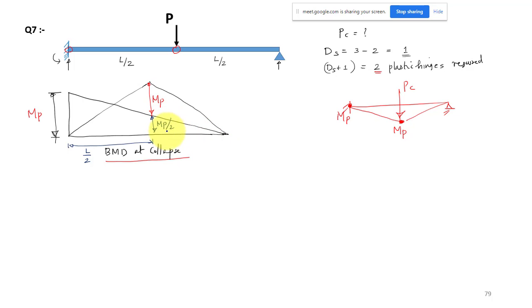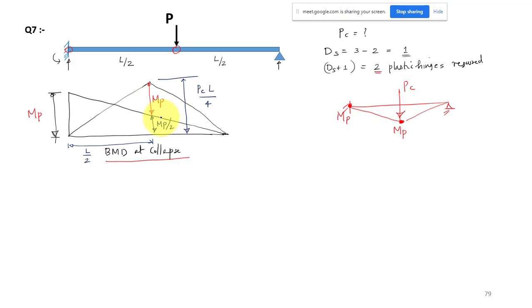Now I know what this total height is. That is your PL by 4, because it is the sagging moment diagram of a simply supported beam with load at the midspan. So this total height is PL by 4, and this height in terms of MP is MP plus MP by 2, that is 3 MP by 2.